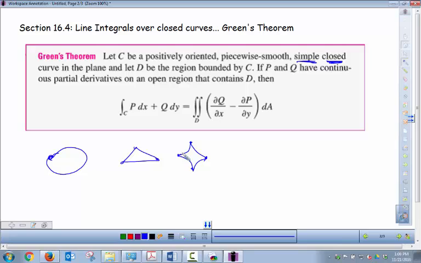Now, positively oriented, because for line integrals I mentioned that the direction of the curve is important. On a closed curve we have to talk about a positively oriented curve.